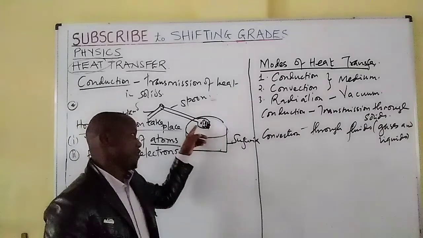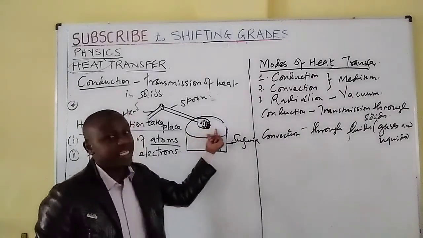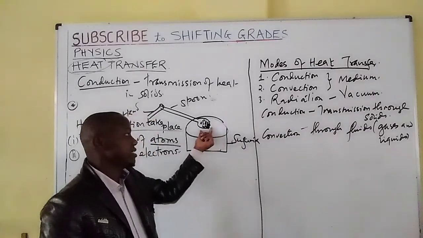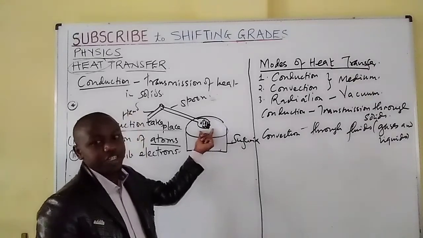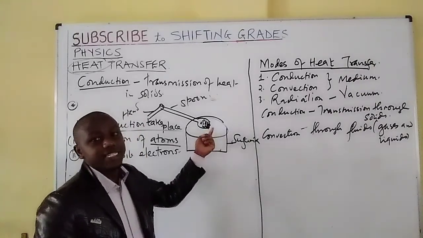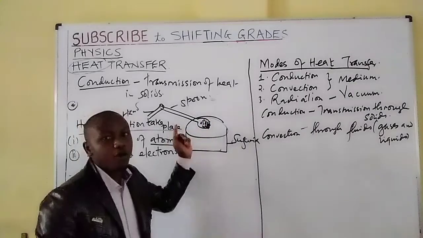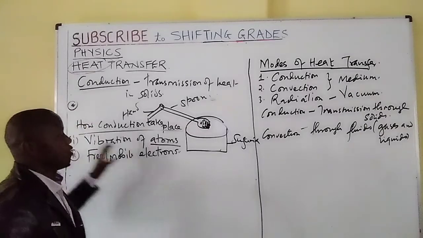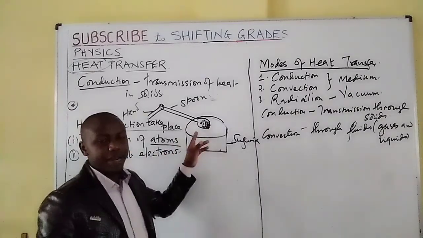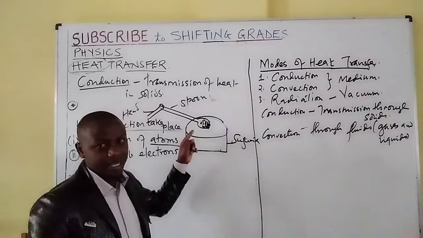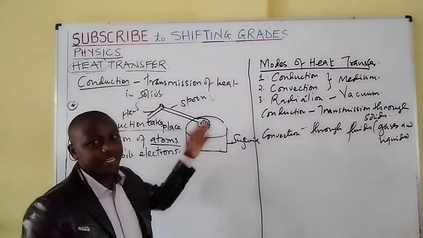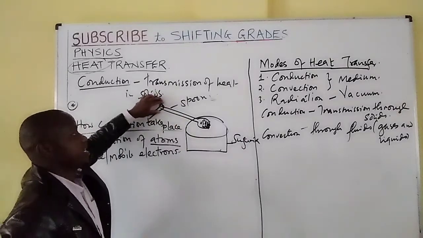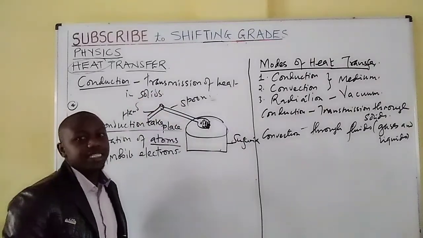Therefore, the vibration caused by increase in kinetic energy at one point where heat has affected initially is transferred by vibration of atoms. As they vibrate, they affect the neighboring, which also vibrate, and the trend continues until it is transmitted up to the ends of the given solid.